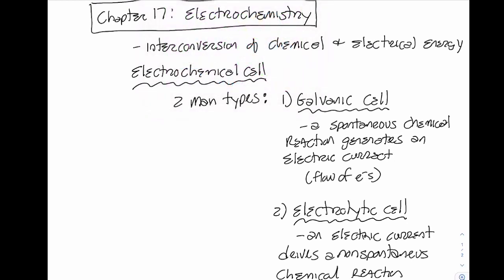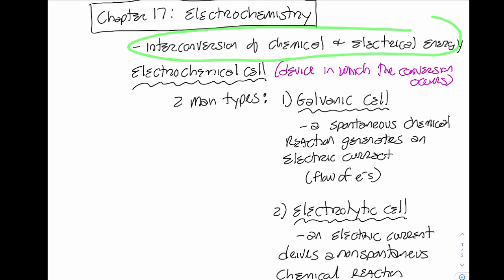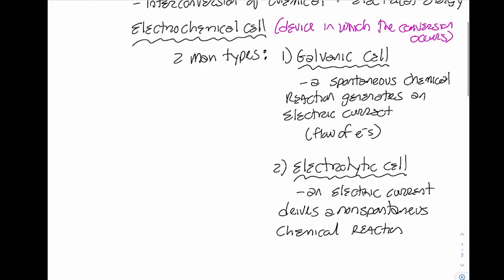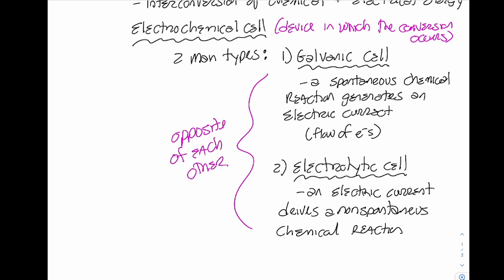Again, I didn't write this down, but my electrochemical cell is the device in which the conversion occurs. And when I say the conversion, I'm talking about the conversion between chemical and electrical energy. And these two are the opposite of each other. Galvanic cell, I have chemical generating electrical energy. Electrolytic cell, I have electric energy generating chemical energy, driving that reaction.